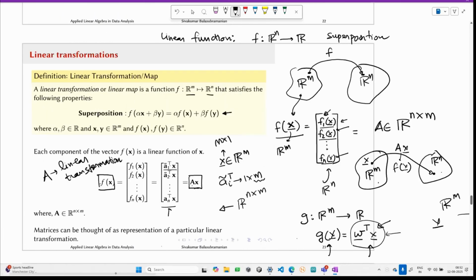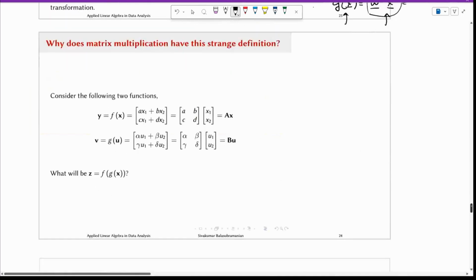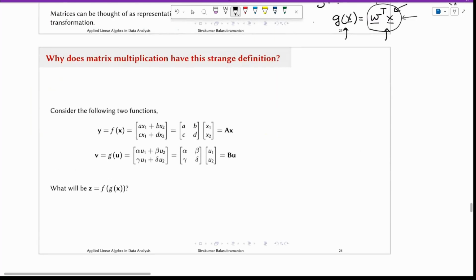Okay. Now that brings us to a stage where we can try and make sense of why matrix multiplication has this weird definition, and why it has these strange rules saying the number of columns of the first matrix has to match the number of rows of the second, and all that. Okay.